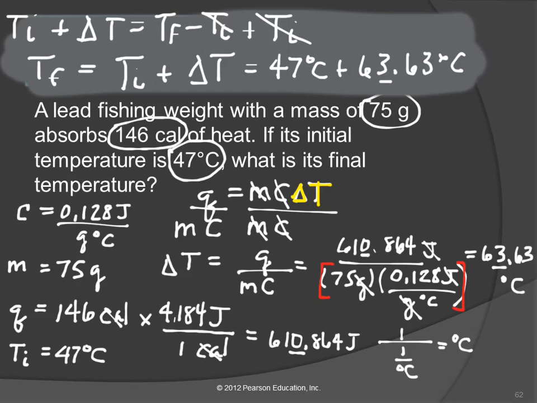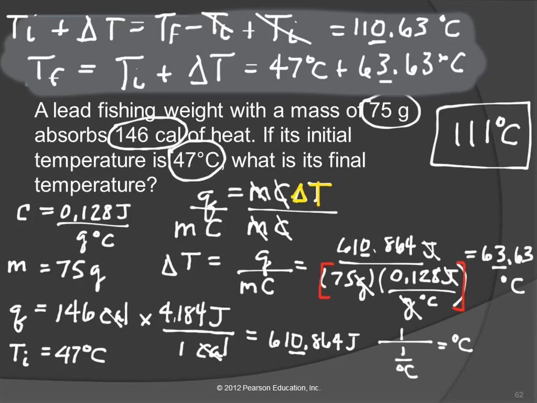I'm just going to add 47.7. I'll write it up here because I ran out of room again. 110.63. Sig figs tell us we should round to the nearest 1 degree, and so we're going to call that 111 degrees Celsius.